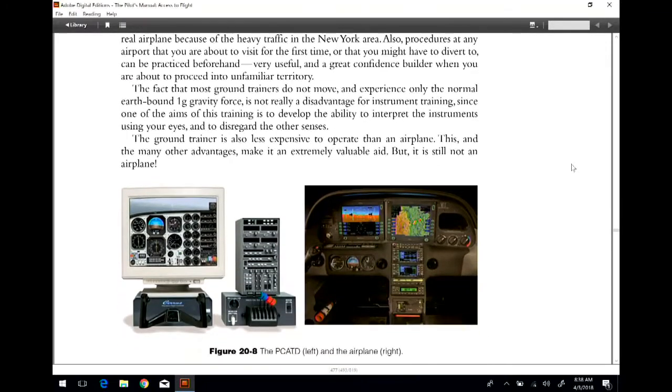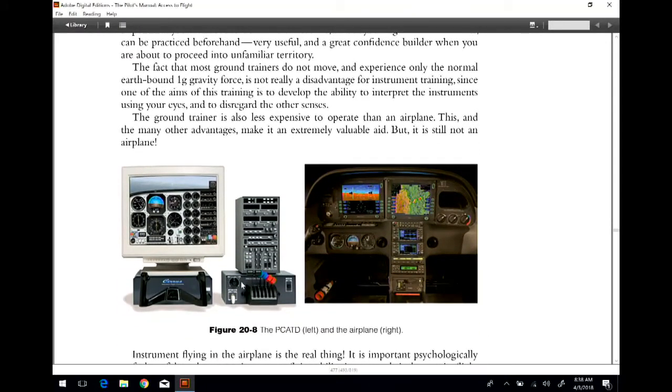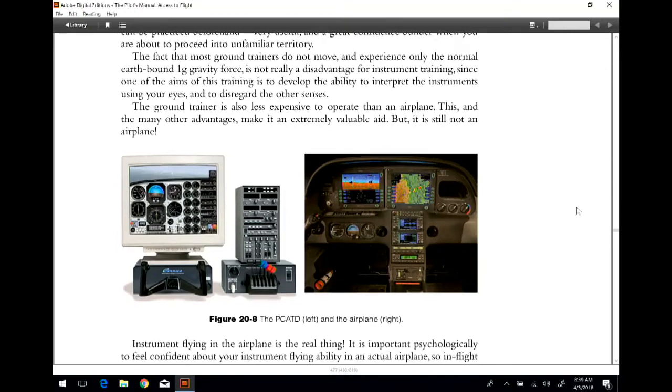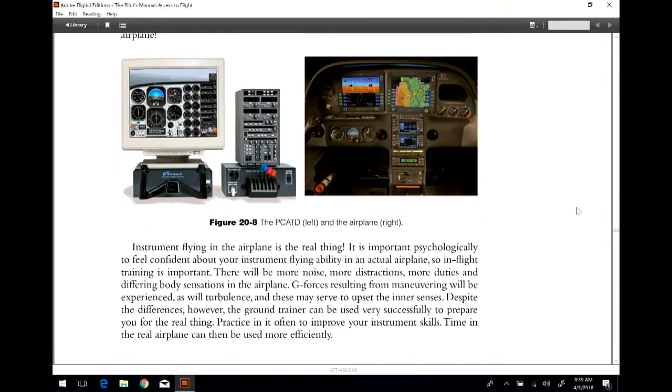If you look back in the day, this is kind of what a state-of-the-art PCATD, in this case, could look like. That's kind of what it looked like back in the day, to represent where we are now. And you can see that where we are now is way different from where we used to be. So that's the deal.